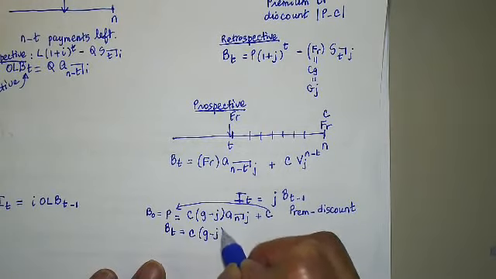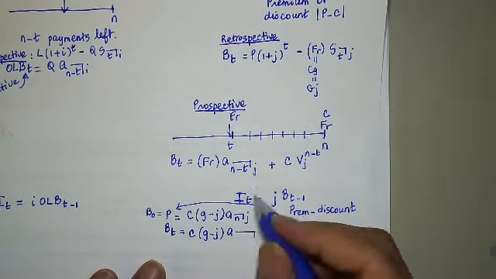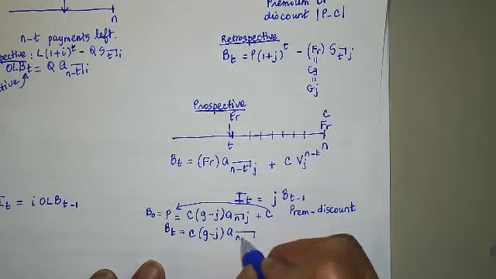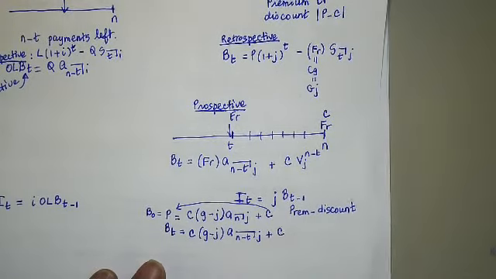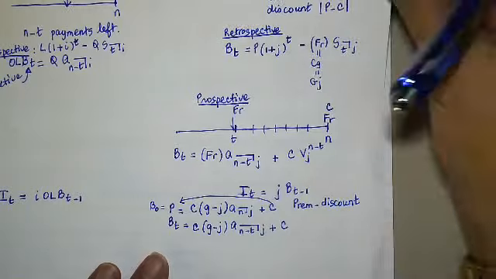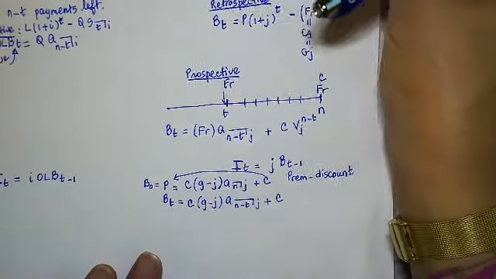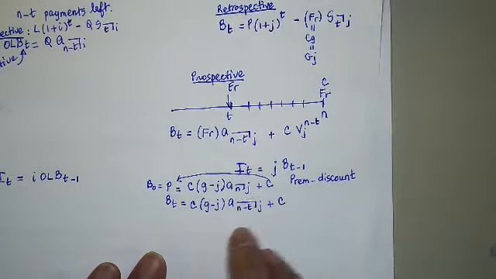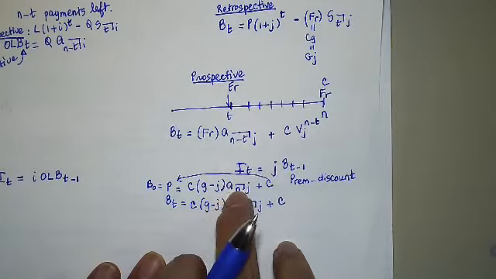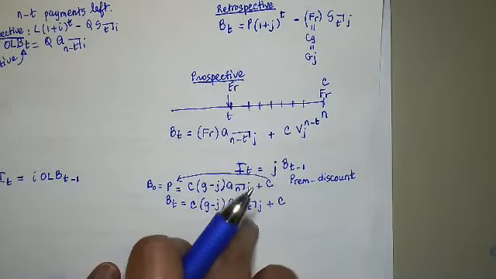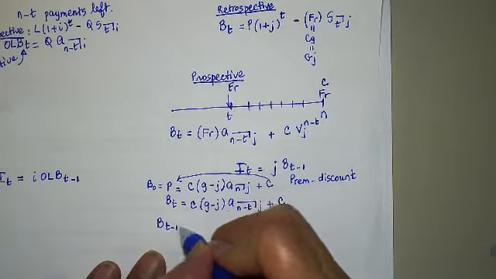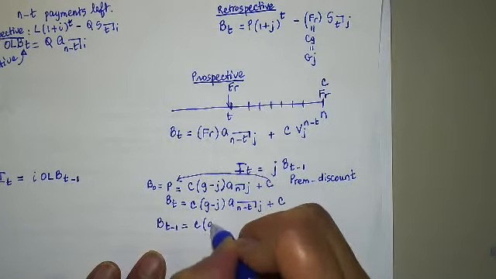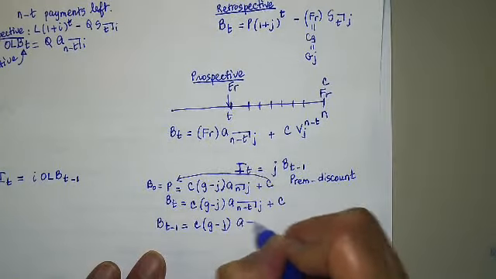Using the same formula, I could say B of T. Remember, price is just B of 0, right? So B of T, I can write similarly C G minus J A angle N minus T J plus C. Meaning if I'm standing at T, I have N minus T payments left.